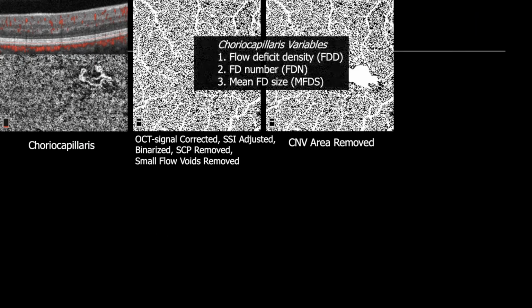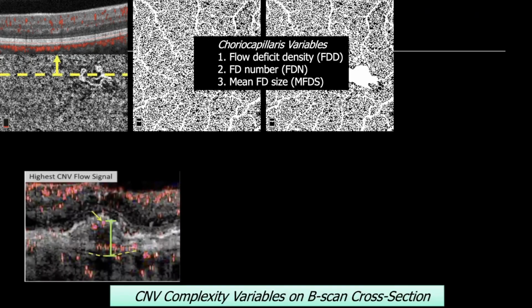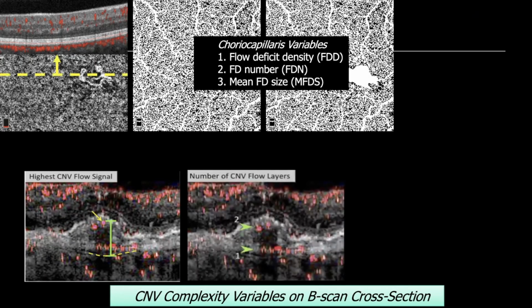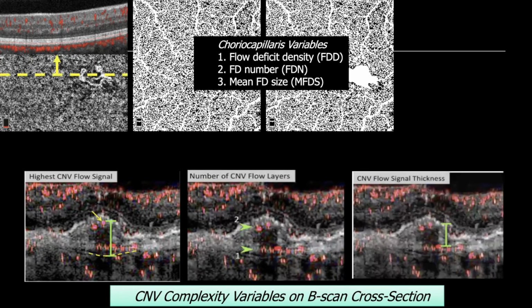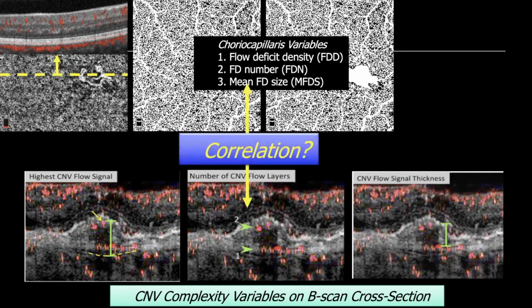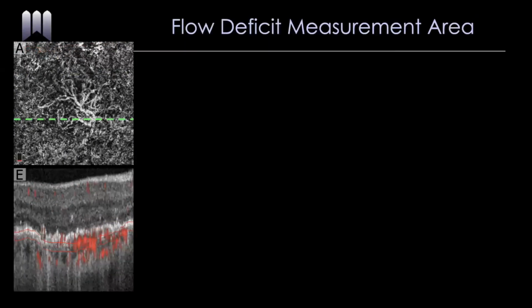From there, we extract quantitative features: flow deficit density, number, and mean flow deficit size. Then we look at the CNV in a cross-sectional OCT. As I already told you about these features: flow signal height, number of flow layers, and thickness of the flow signal. We look for correlations between those two things, the choriocapillaris surrounding the CNV and the CNV complexity.